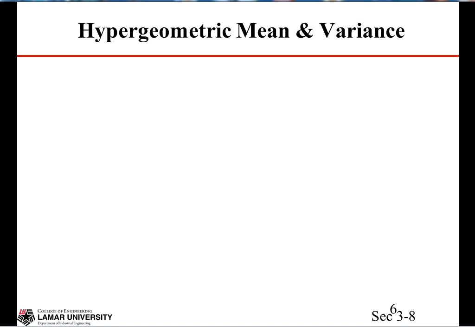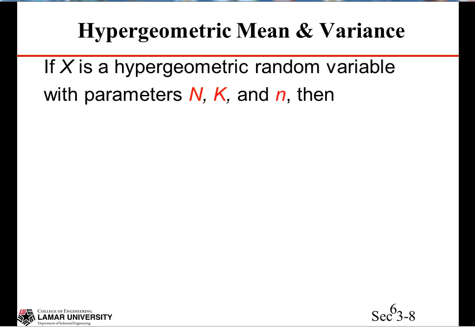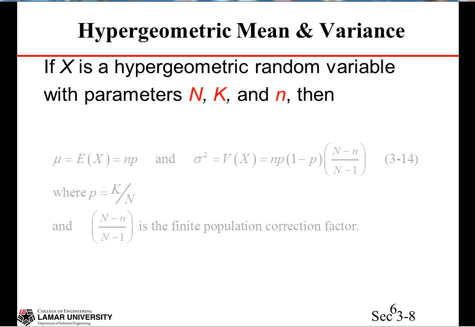The hypergeometric distribution, let's look at the common characteristics for any hypergeometric distribution variable. If x is a hypergeometric random variable, it has to have three parameters: the size of the population, the number of successes in the population, and the sample size, lowercase n.